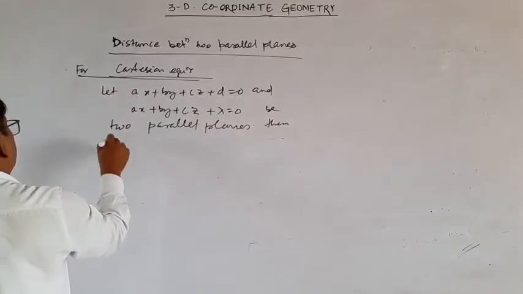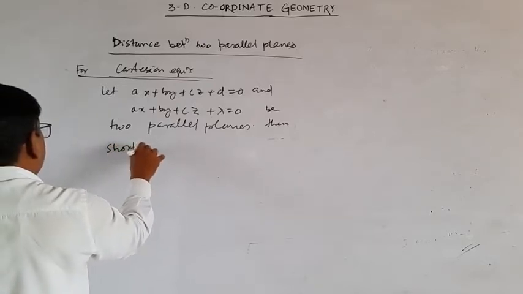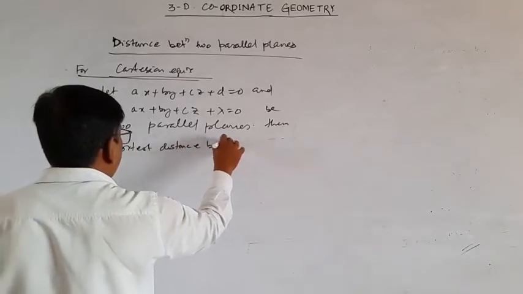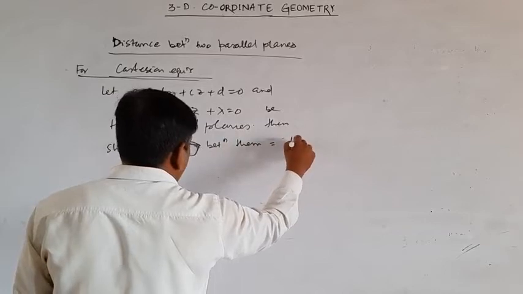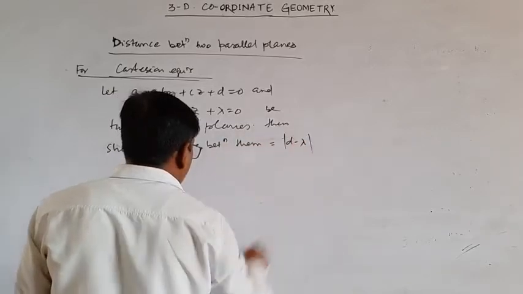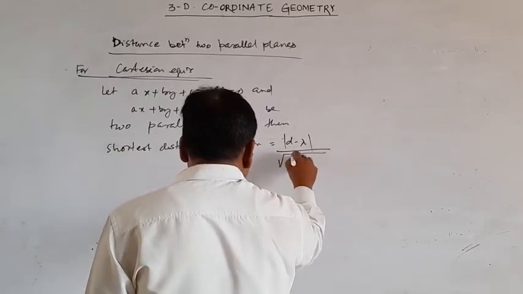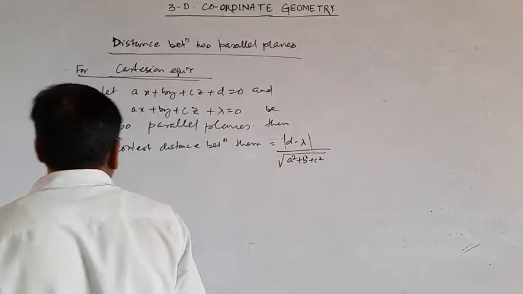Then the shortest distance between them is mod of (d minus lambda) divided by the square root of a square plus b square plus c square.